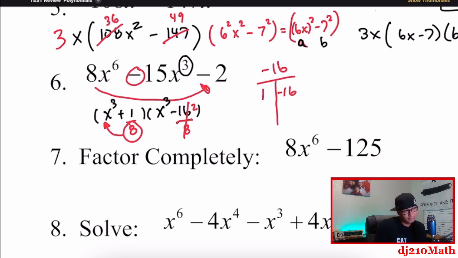That's because if we multiplied this by 8 to clear the fraction, the 8 would be here, and then the 8 would cancel on the 1/8. So our final answer is going to be 8x cubed plus 1, x cubed minus 2.